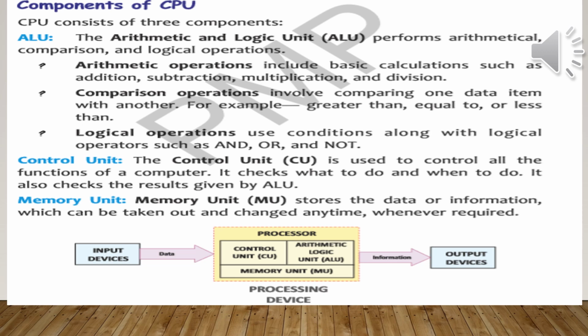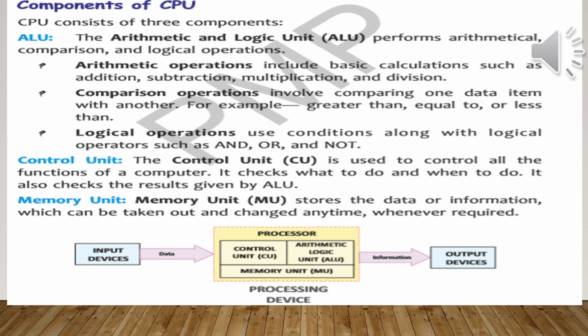Sometimes the user gives logical based work to the computer where some conditions are applied. Then this work is also done by the arithmetic and logical unit of the CPU. Then comes the control unit. By the name, it is clear that it controls the overall working of the computer.